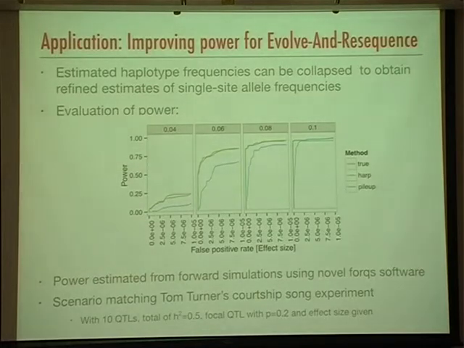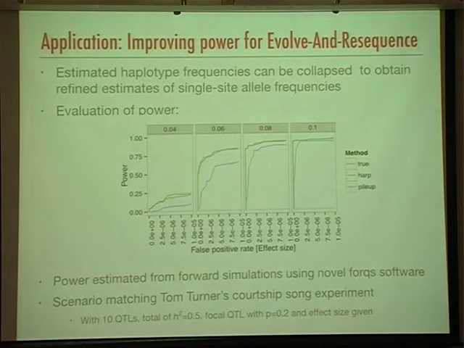the QTL. What I'm showing here are power curves, so power's on the Y, for different effect sizes in each panel. These are for traits with 10 QTLs, a total heritability of 0.5, a focal QTL with a frequency of 0.2% in the starting population, and the effect size given: 0.04, 0.06, 0.08, 0.1, in units of the standard deviation of the environmental variance.